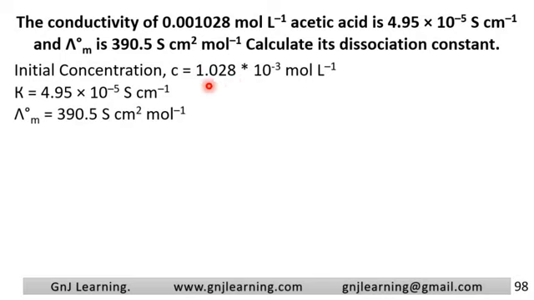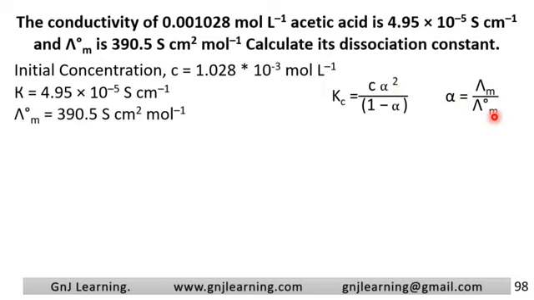Instead of the value, I have given it like this, 1.7 times 10 raised to minus 3, which is the same value. Limiting molar conductivity is given. I have to find out the dissociation constant. So the dissociation constant Kc, since it is acetic acid, 1,1 type, is C alpha square divided by 1 minus alpha. So for that I should know alpha.